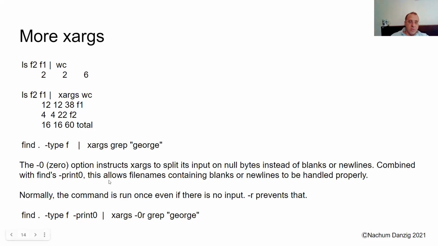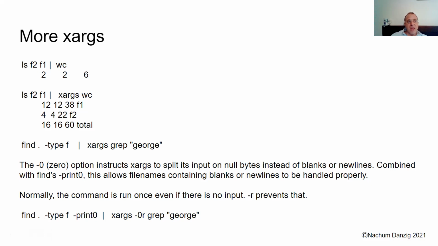Now here I explain a subtle point. What if the file names, like I did ls over here, what if I did ls star or something, and some of the file names have spaces in them? If there's a space in the file name, then wc will think it's 2 different files. What if the file name is "my file" with a space? It'll think there's a file called my and a file called file. But there's really one file called my file. How is it going to work? So what we do is we tell find to print zeros, which means print the null at the end of each file name.